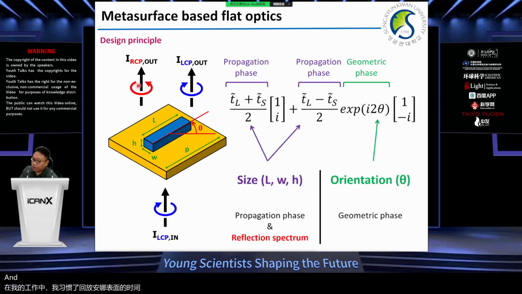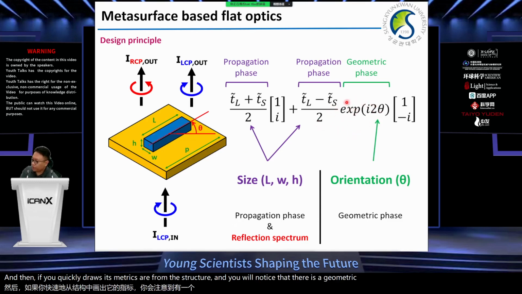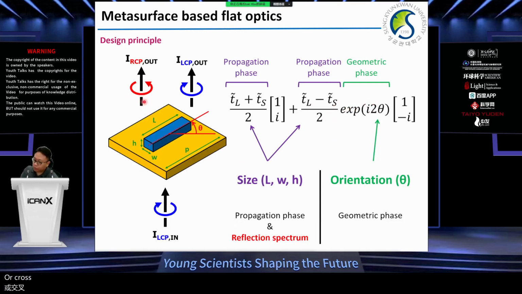And here is the basic principle. These nanobar structures will be regarded as a half-wave plate, and we shine LCP or RCP light. Then if you calculate the Jones matrix of the structure, you will notice that there is a geometric phase on the counter or cross polarization part.